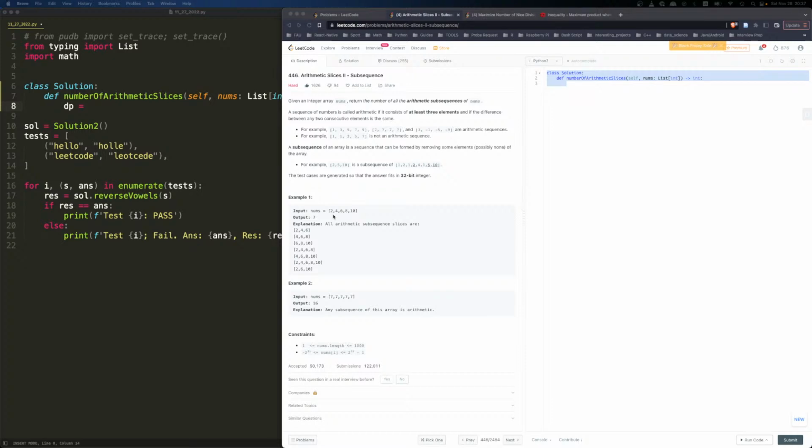Hold on. We always add 1, right? Yes, we always add 1. Because if you at this position you say difference is 2 and the length is 2, that's only 1. Every one only has 1 at this position.